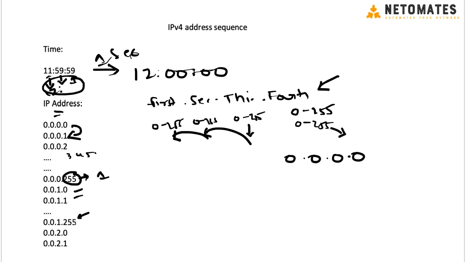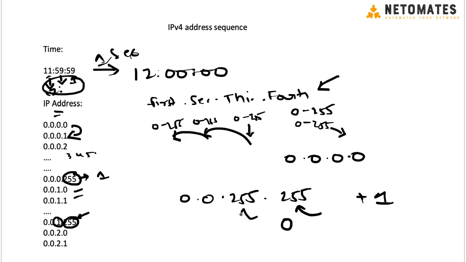Now if we add one more, what will happen? This will become 0, and you need to increase here so that it becomes 0.0.2.0. It will go like that. Let's see what the next IP address is. If you add 1 and this is already filled, it will become 0, and you add here.